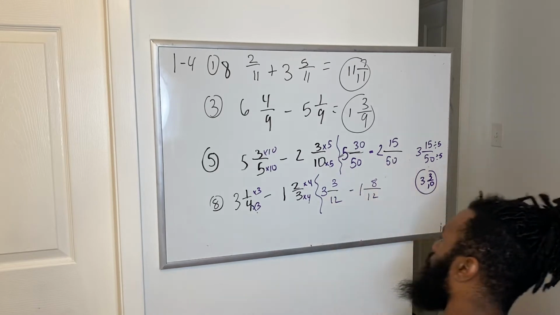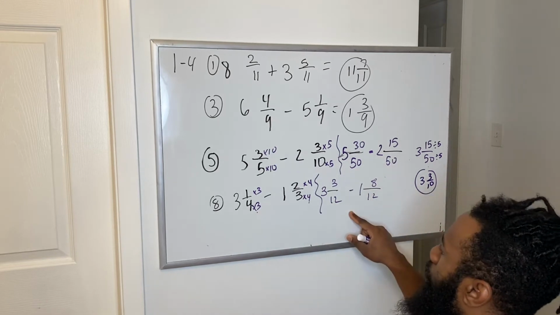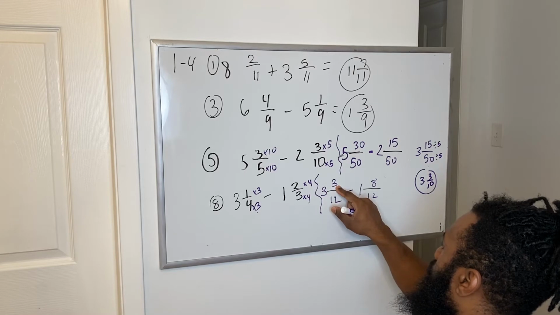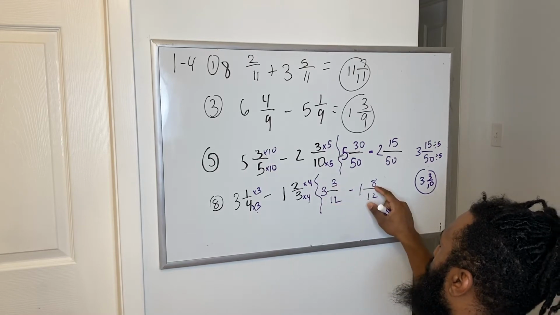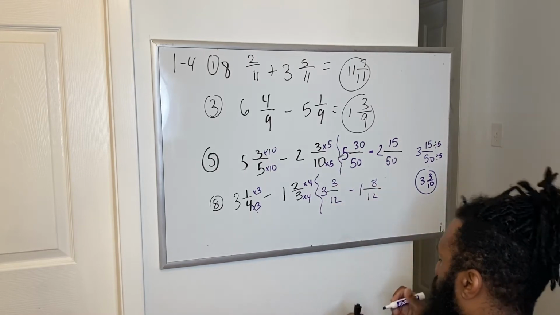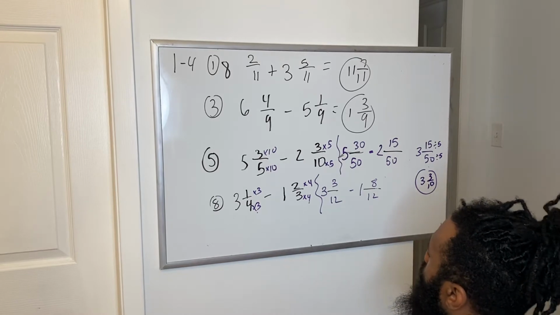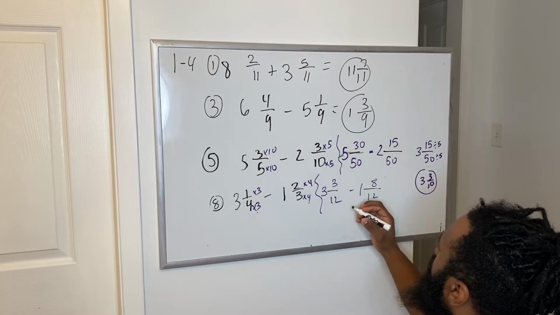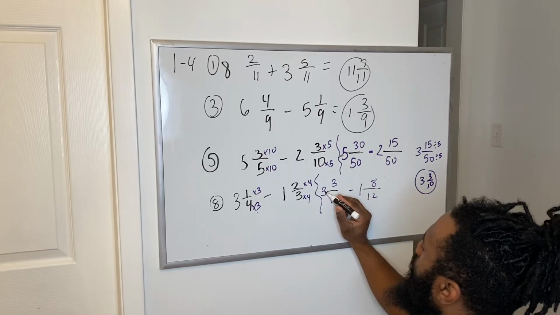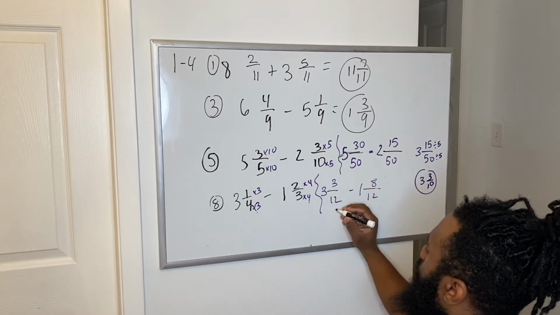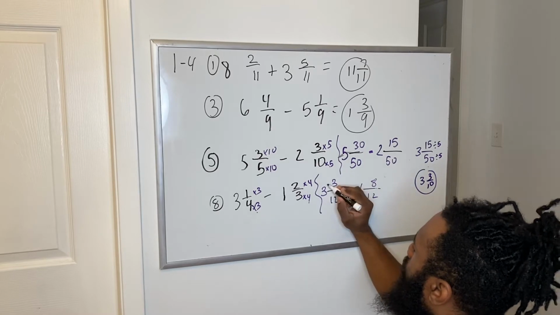So now we have an issue where this 3 can't subtract from 8. So now I have to regroup. What I do is I borrow a 1 right here.